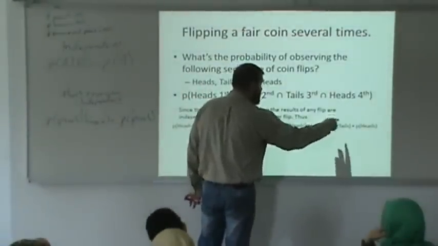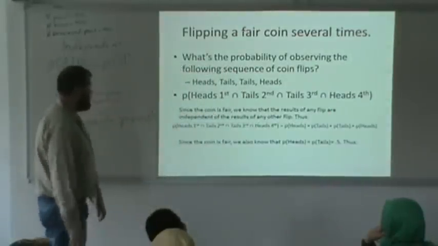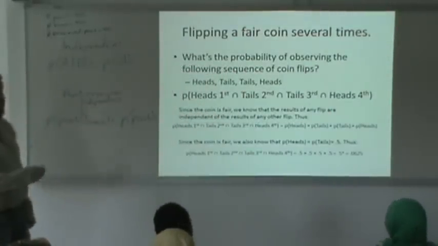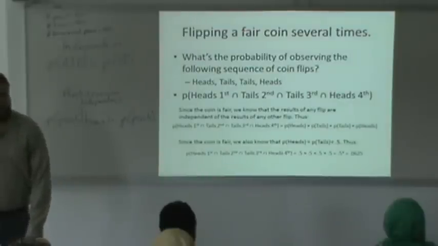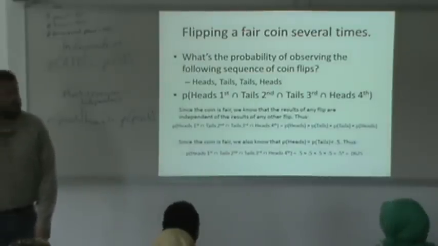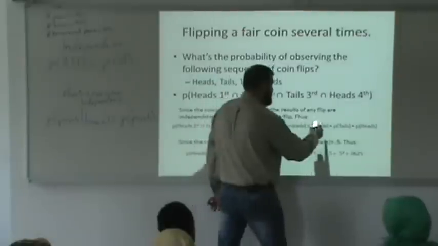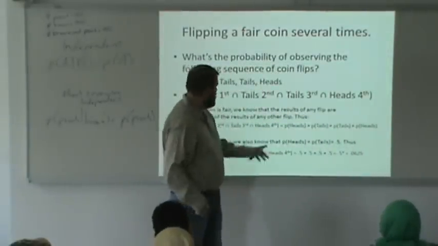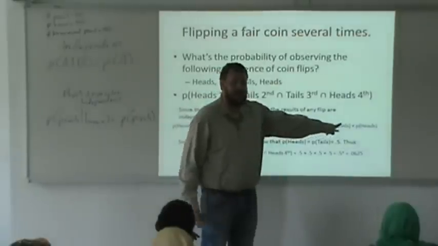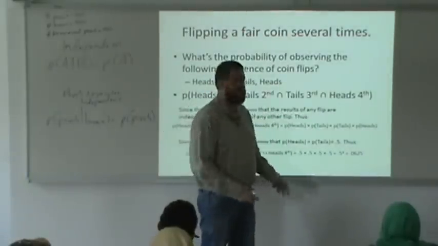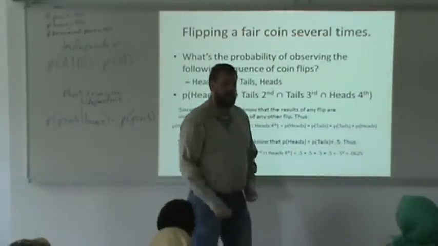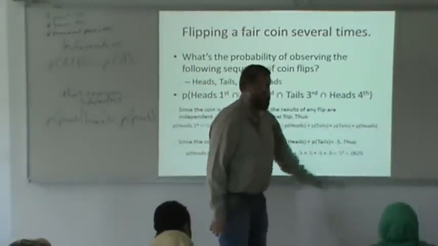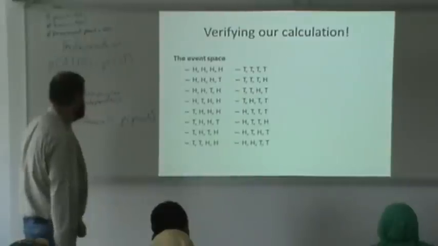Probability of heads times probability of tails, and so on. So all it is is 0.5 times 0.5 times 0.5 times 0.5, or 0.5 to the fourth. So when all of these events are equally probable, all we have to do is take the probability and raise it to the number of events that we have, right?